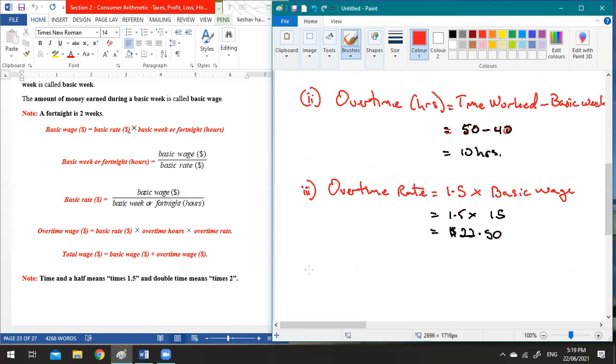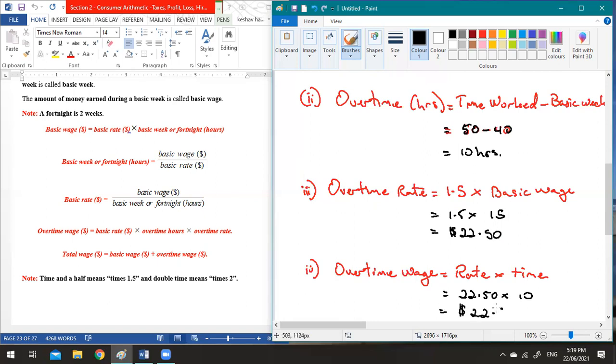And his overtime wage, so the amount of money you'll get paid for this, is the rate by the time. Now the rate being $22.50 and the time being 10 hours. So this is $250. I'm sorry, $225.